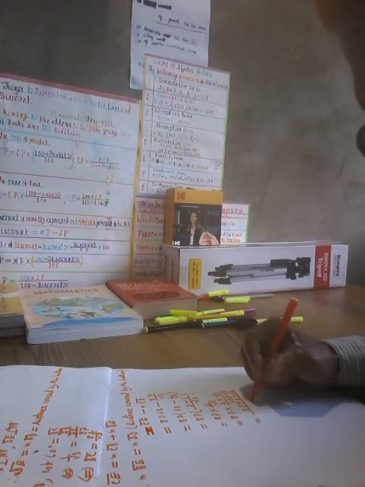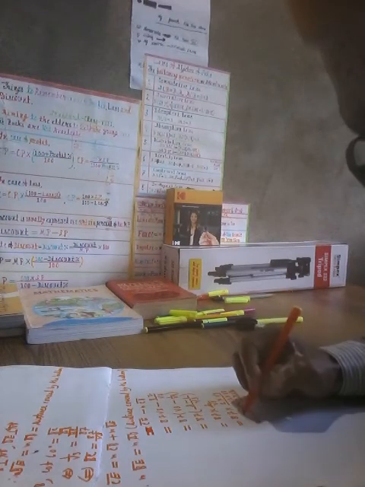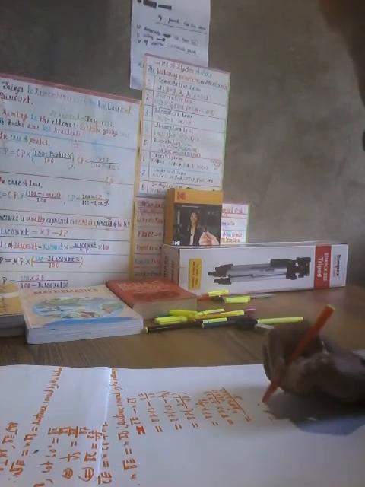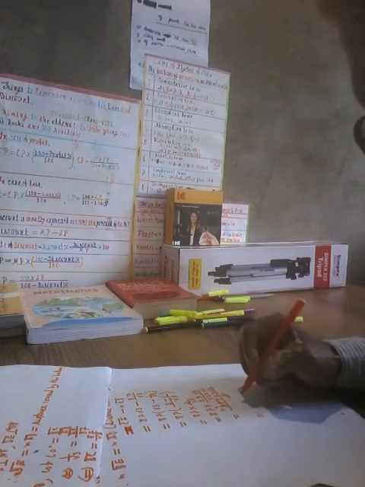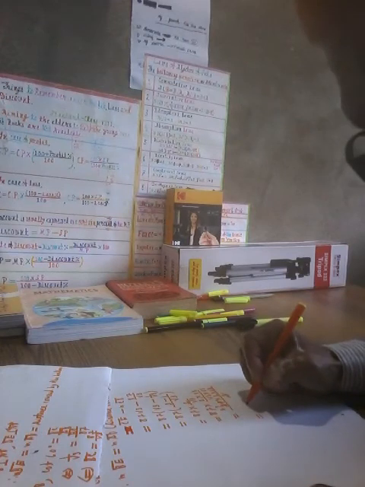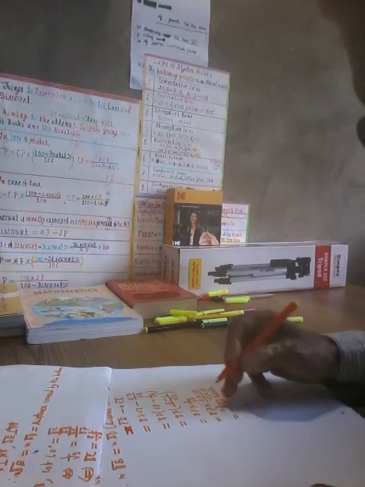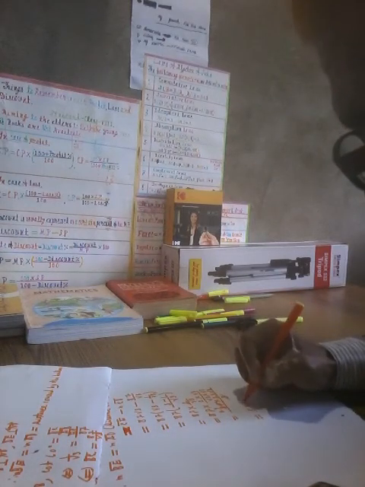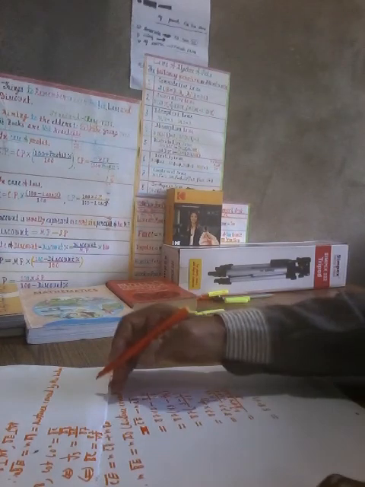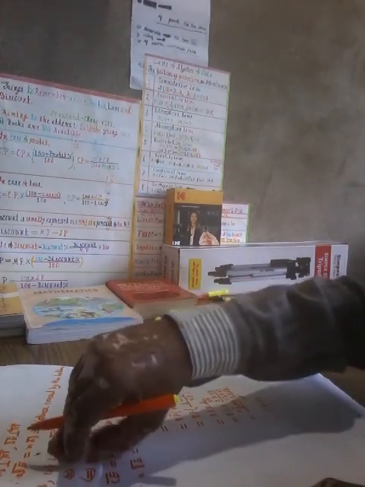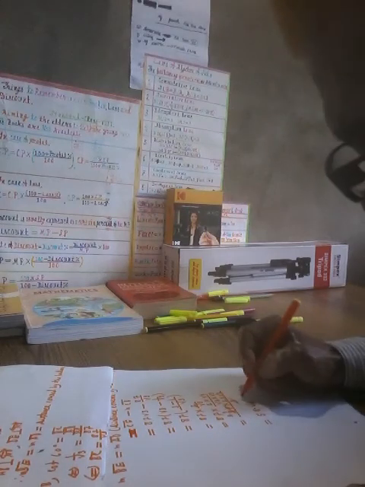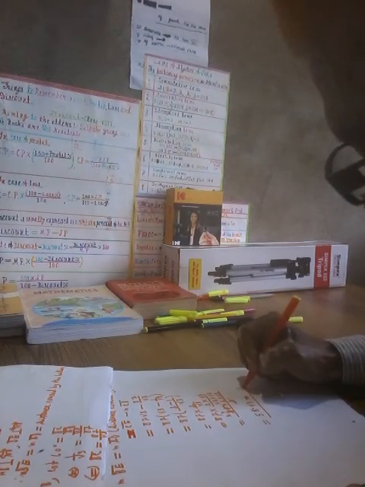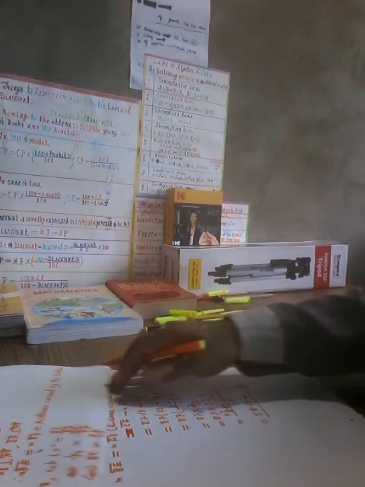Now do cancellation here. 3 9s are 27, so we have got 2 9s are 18, 2 2s are 4, here will be 5, so 58 root 3. The distance was in meter according to the question, therefore it will also be in meter. This is the answer. Writing this way, it will spare a little bit time.